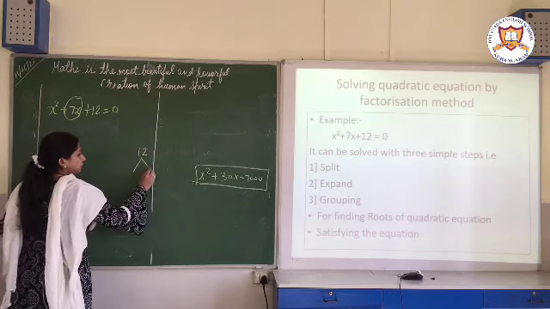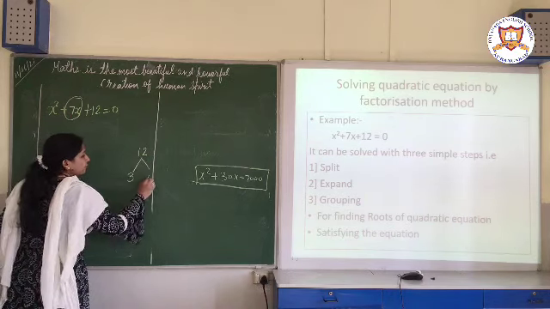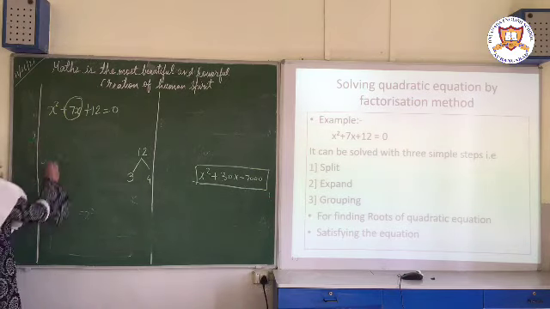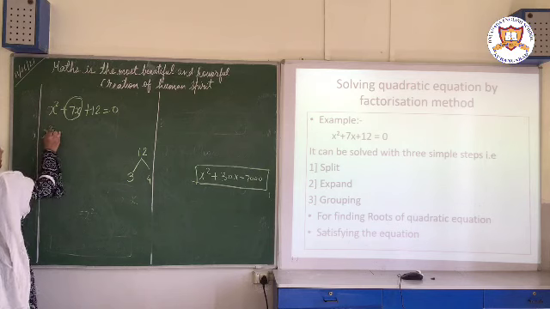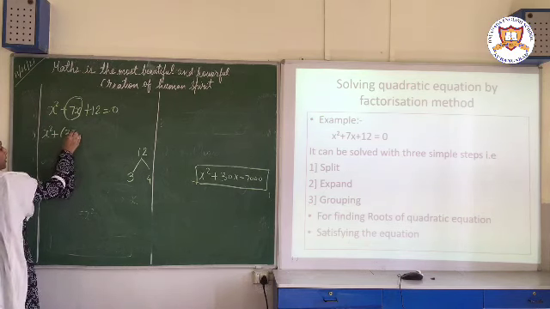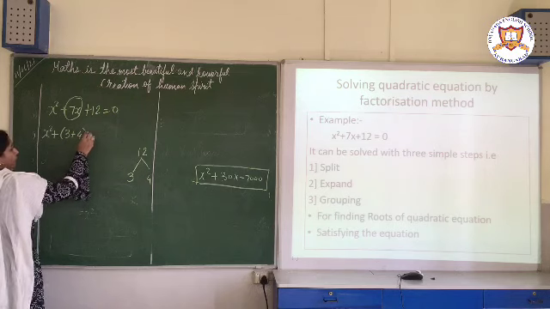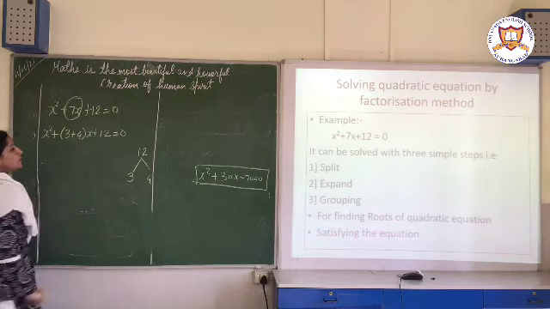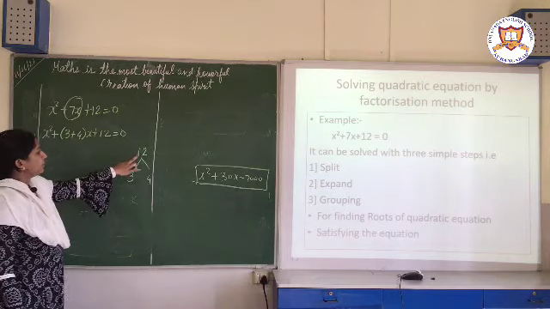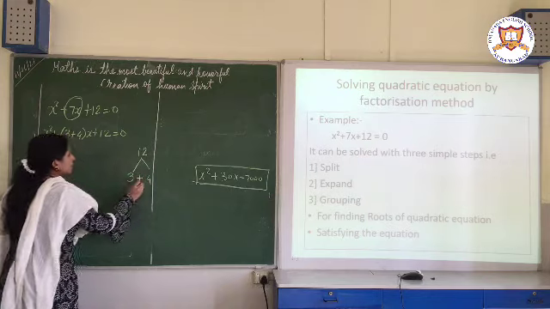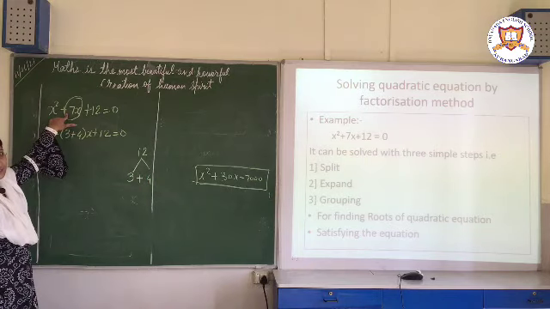Now, if we take out, 3 fours are 12. So this can be written as x square plus bracket 3 plus 4 x plus 12 is equal to 0. We have found such factors of 12, that is 3 plus 4 gives you plus 7.